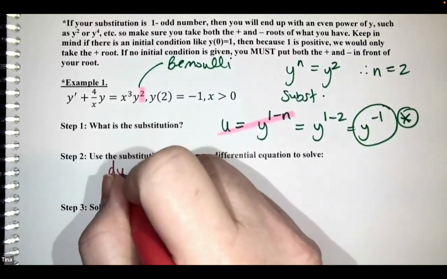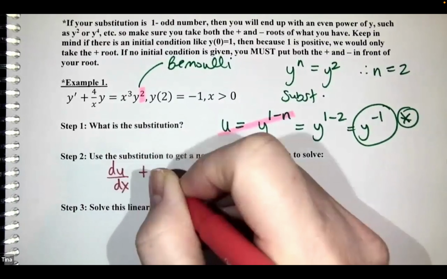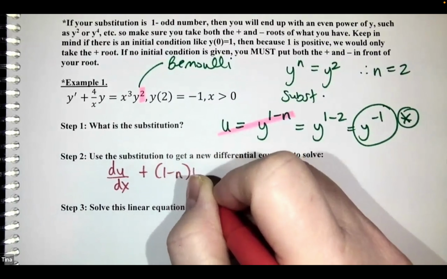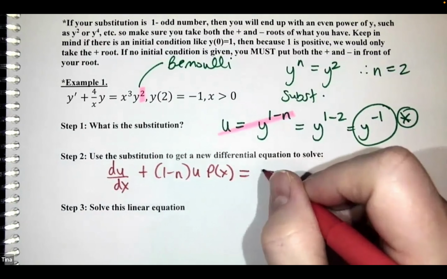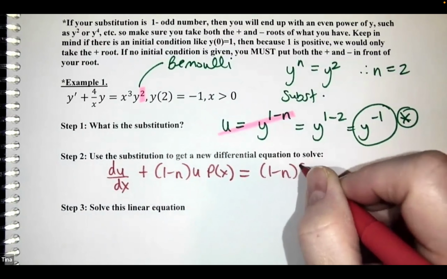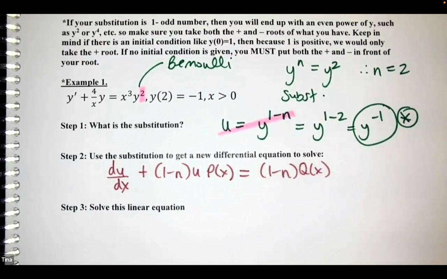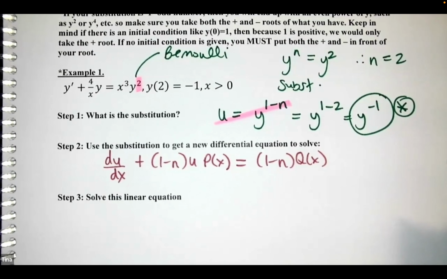Now, your new equation is going to be what we have up here. So let me write it out for you. du by dx plus 1 minus n u p of x equals 1 minus n q of x. Now we have to get our equation and simplify it a little bit.